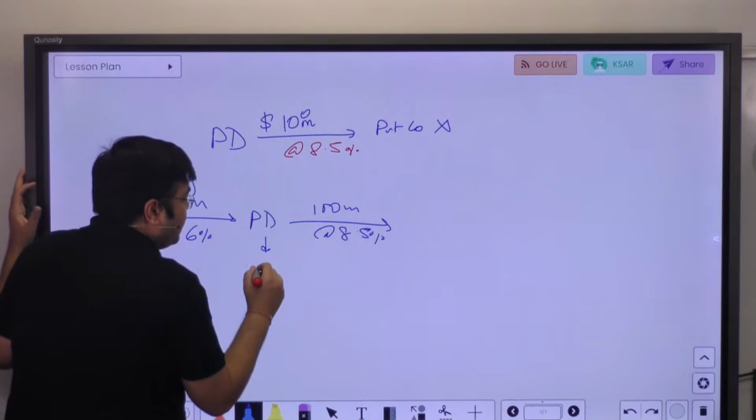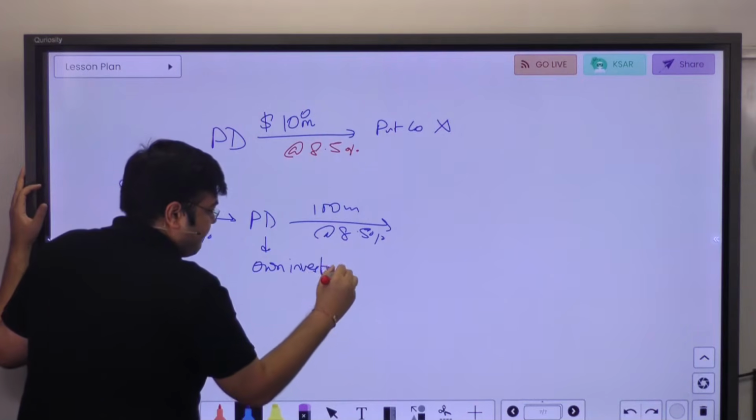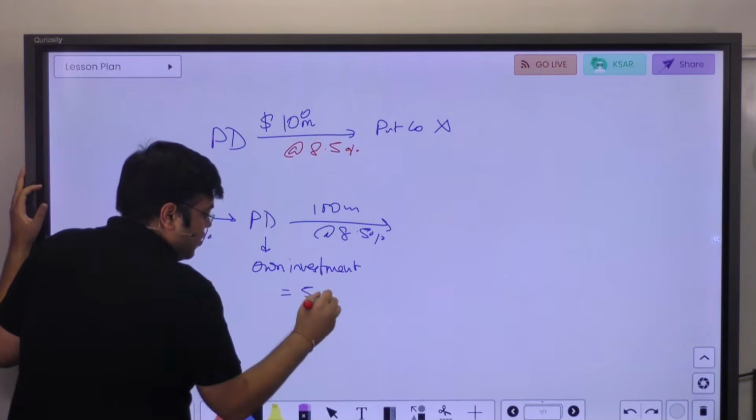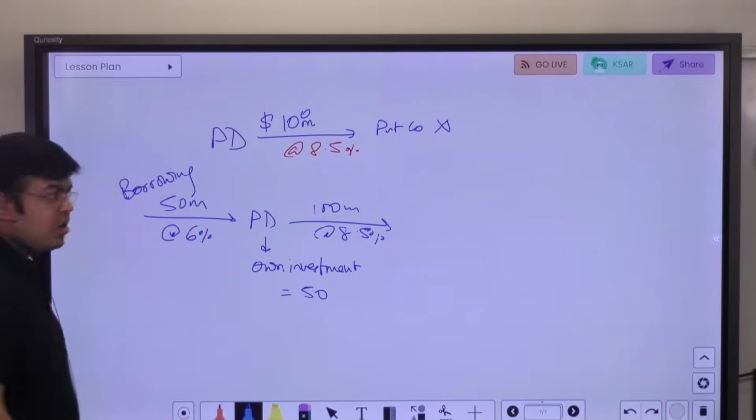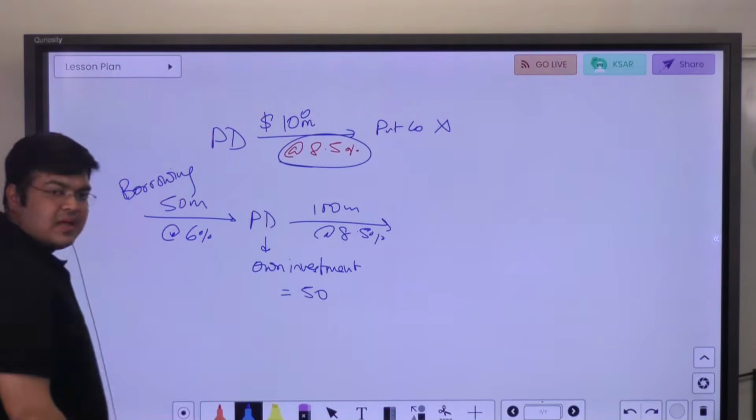Ultimately, own investment is 50. On this investment, the private debt firm is earning 8.5%.